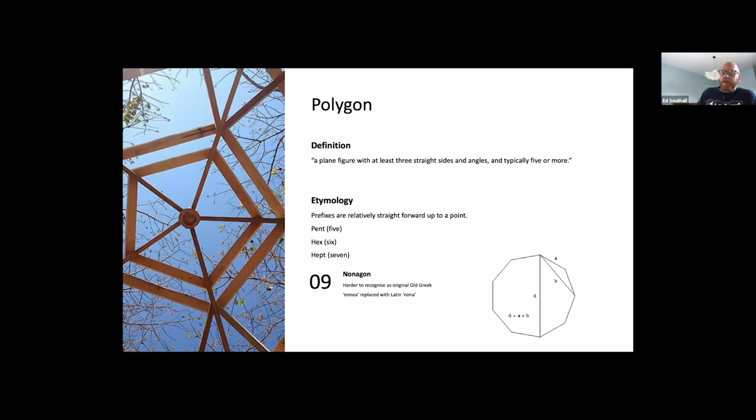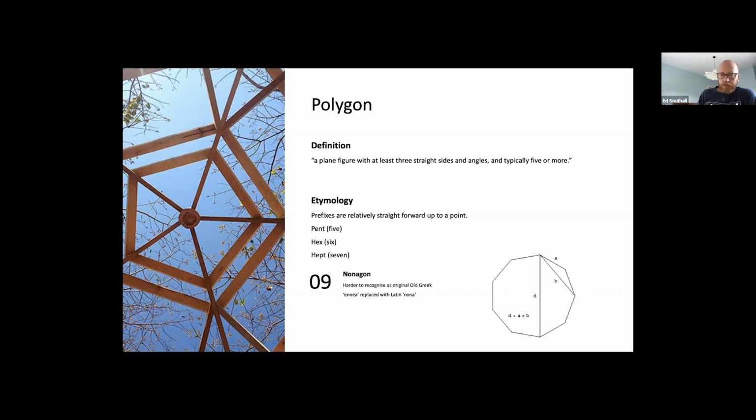But we're going to look now over the next couple of slides at the structure of our naming system for shapes, which is again kind of peculiar. Some of it makes sense. You kind of get into the swing of it when you say, okay, we've got pentagon, pent is 5, hexagon, hex is 6, heptagon, hept is 7, enneagon, ennea means 9, and then we go, no, actually it's nonagon.